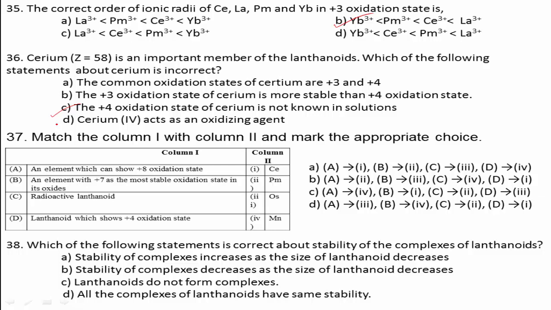So the element with +7 as the most stable oxidation state in its oxide is Mn. And the only lanthanoid which is radioactive is Pm, promethium. Remember, all of its isotopes are radioactive in nature, so the radioactive lanthanoid is Pm.